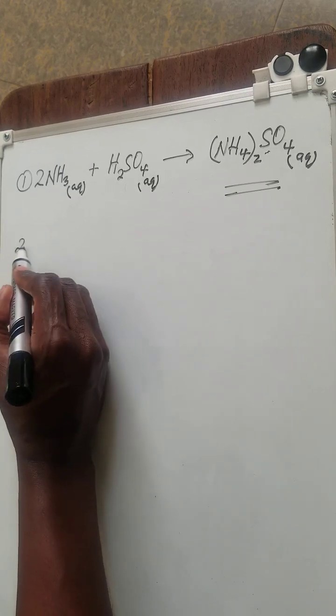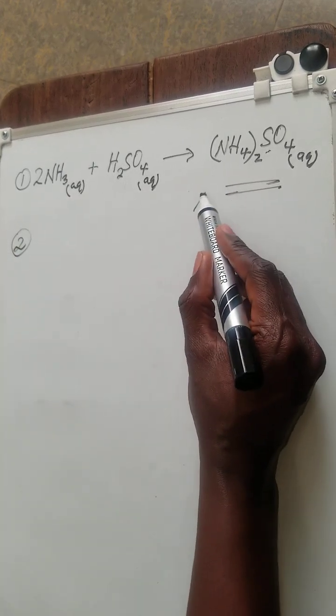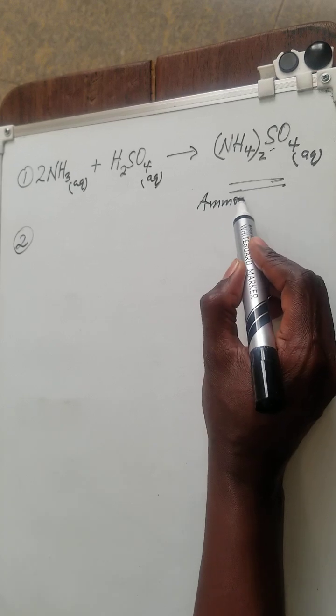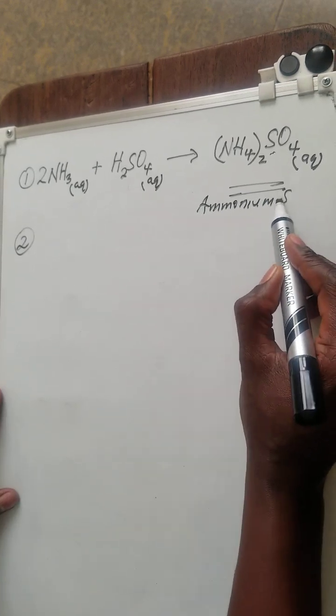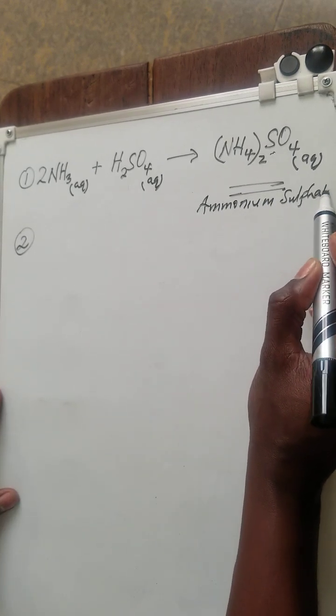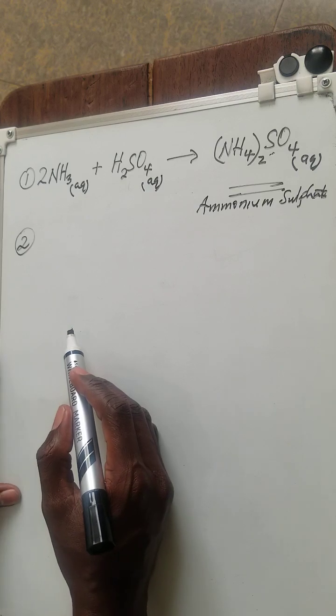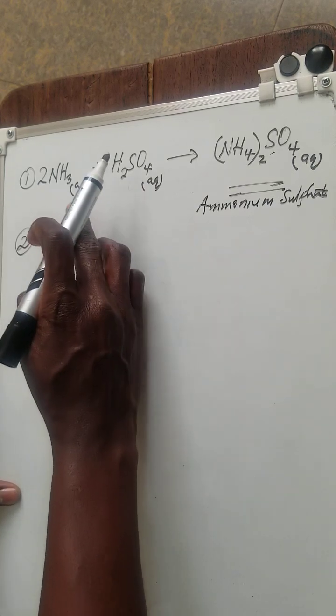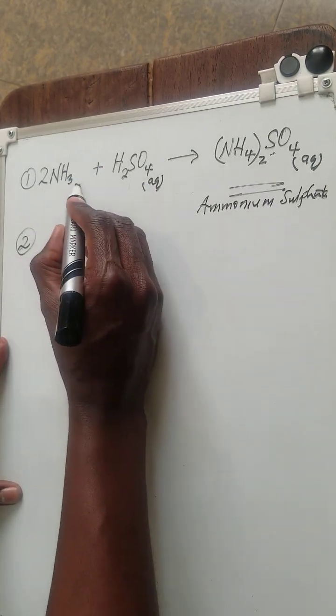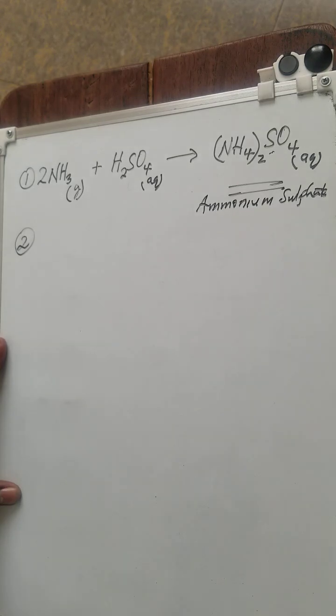Another type of fertilizer we can talk about. Sorry, the state symbol for ammonia needs to be gaseous.